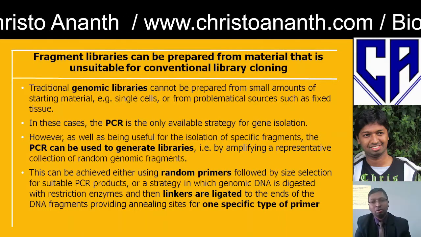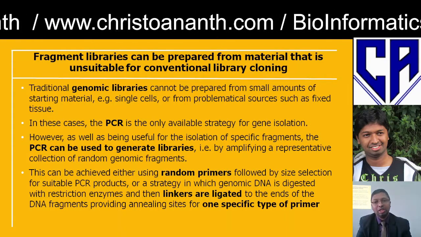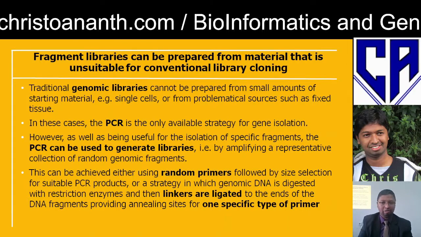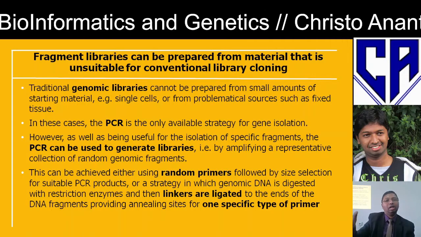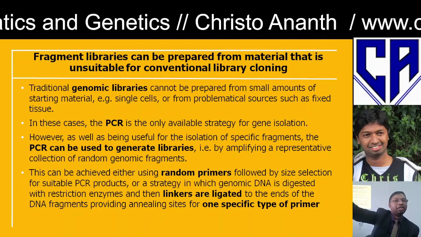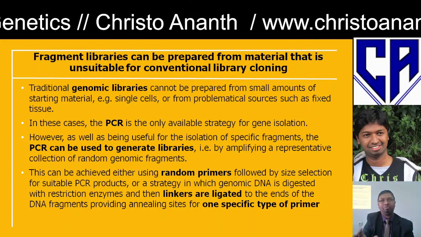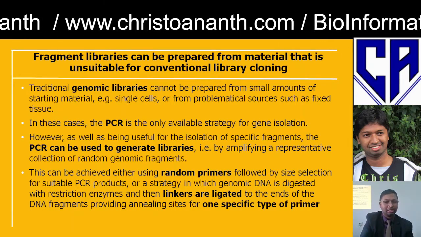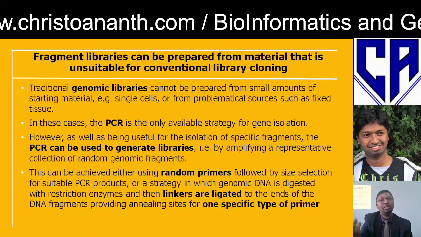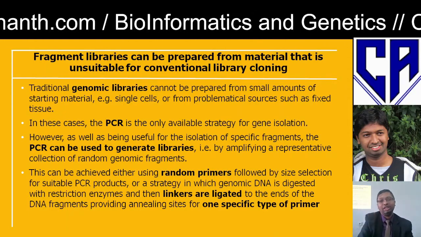Here we will have linkers ligated to the ends, and linkers associated with the primers. The primer along with the linker goes with size selection and a suitable PCR product in order to go with gene isolation.